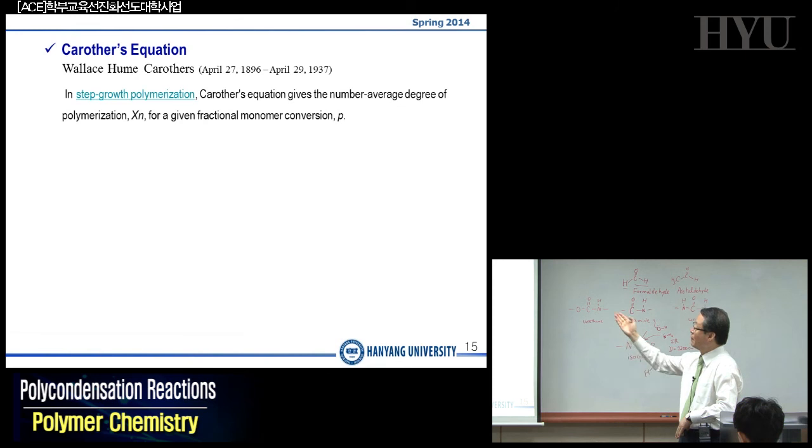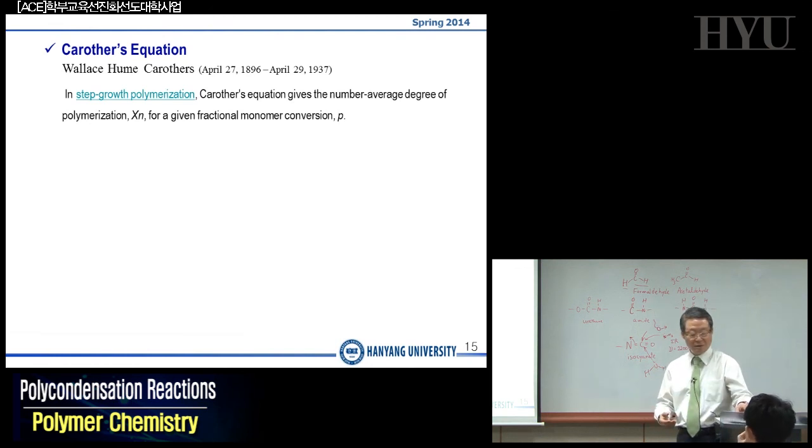But during those 6 or 7 years after publication of his article in 1929, he suggested a very important concept or equation, which is called the Carothers equation. The Carothers equation is very simple. If you look at the physical chemistry textbook or reaction engineering textbook, you can understand it very easily.